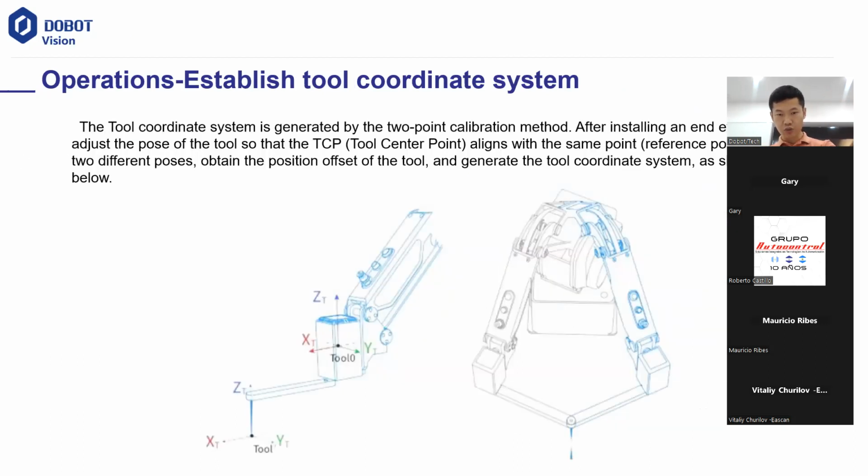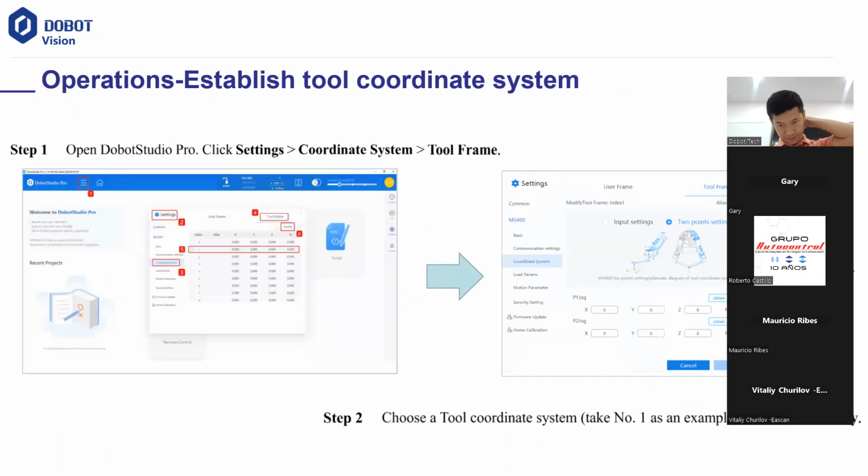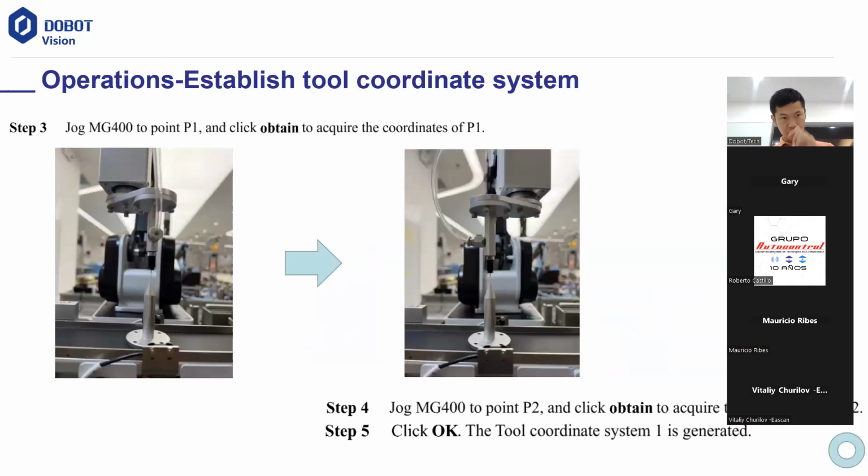First, set up the two frames. Two frames only require 2 points, and the more precise way is point to point, needle to needle.